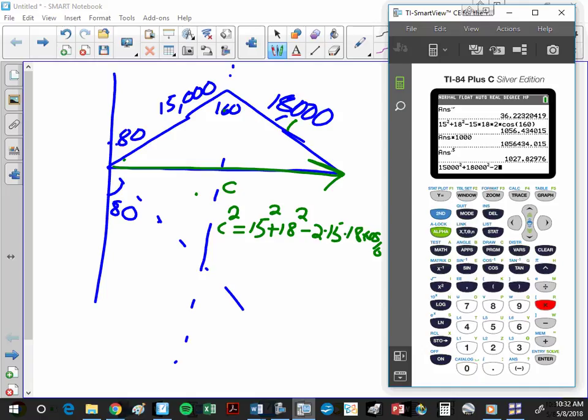Minus 2 times 15,000 times 18,000. Oh, thank you. Times the cosine of 160. Yeah, the squareds got in my way.